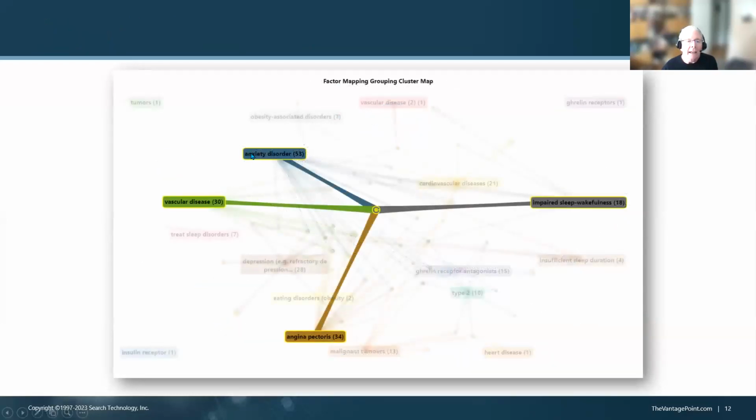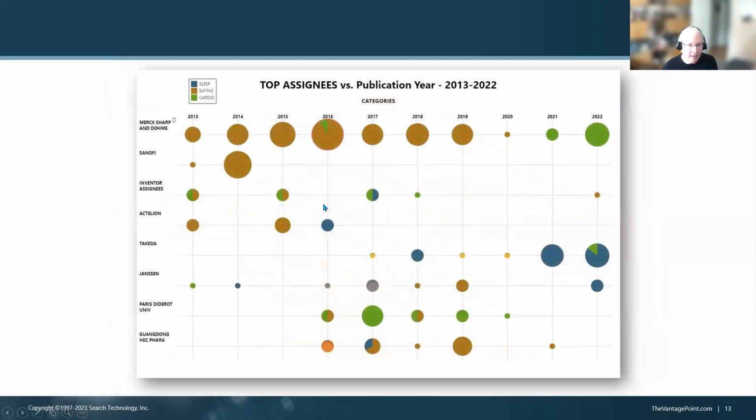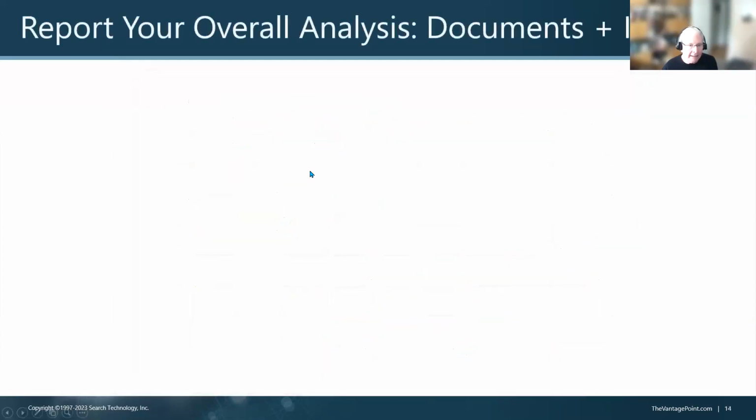We've noticed anxiety disorder, vascular disease, reports that are actually publications that are talking about these all at once. We can look at and export these selected documents, and as I showed, the bubble chart and so on. So at the end of the day, we come up with a workbook.